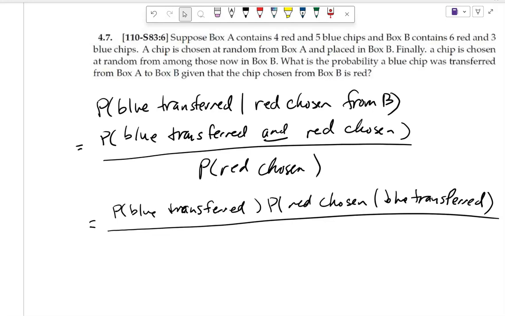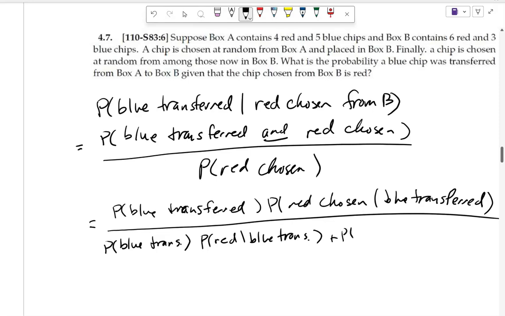So on the bottom, it's the probability of blue transferred, probability of red given blue transferred, plus the probability red transferred, probability of red given red transferred. Right? There's only two ways to get to the end. What I mean by that is, notice how it's starting, right?